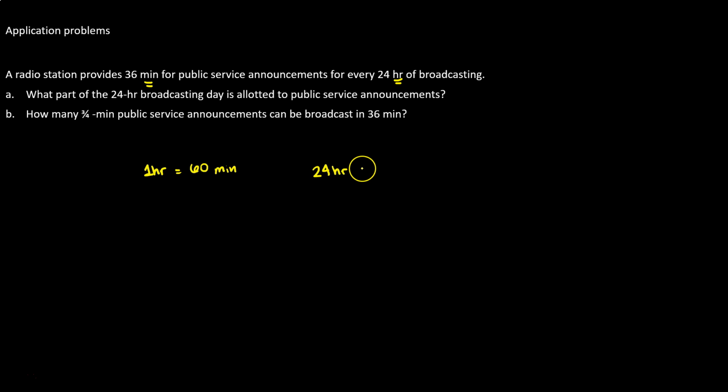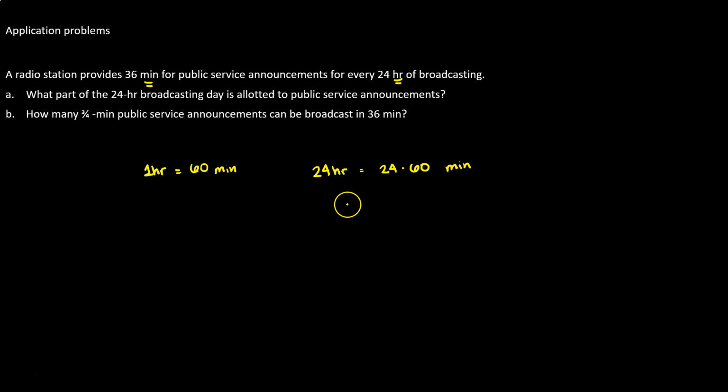For each hour, we have 60 minutes. So if we have 24 hours, we have 24 times 60 minutes. Then we're asking how much of the day is allotted to public service announcements.